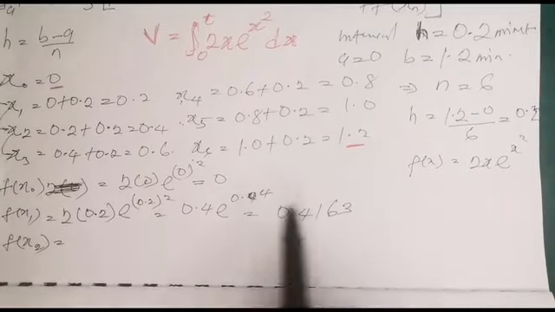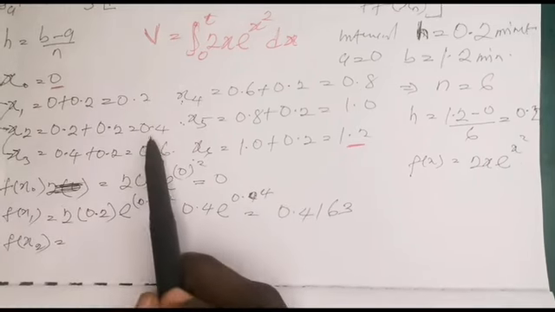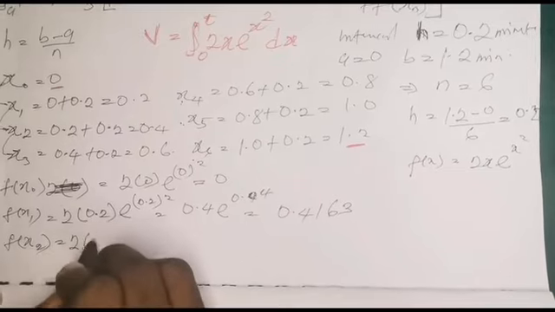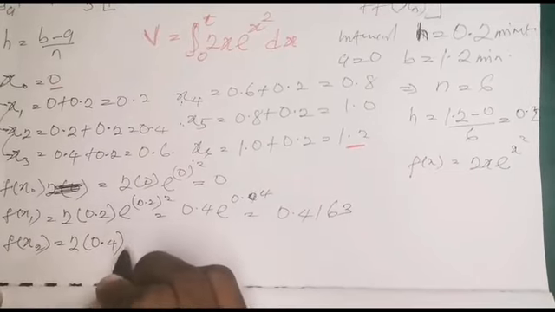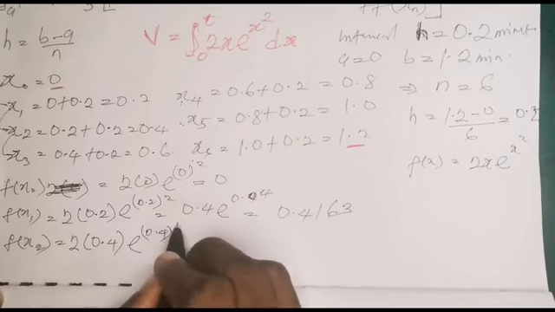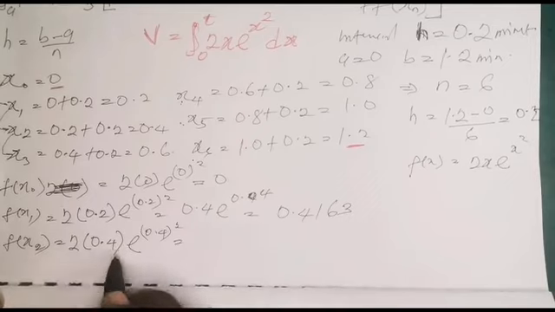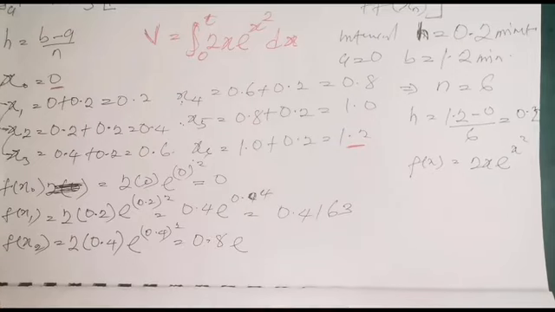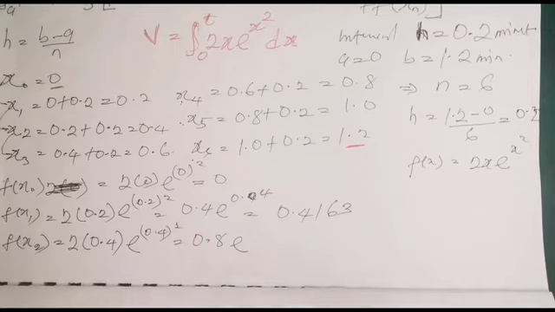Next, you have f of x2. So in place of x now, we are putting in the value of x2, and x2 is 0.4. So we have 2x, which is 2 times 0.4 multiplied by exponential 0.4 all squared. So this is going to be 2 times 0.4 gives us 0.8 exponential. Now let's find 0.4 squared. That gives us 0.16.